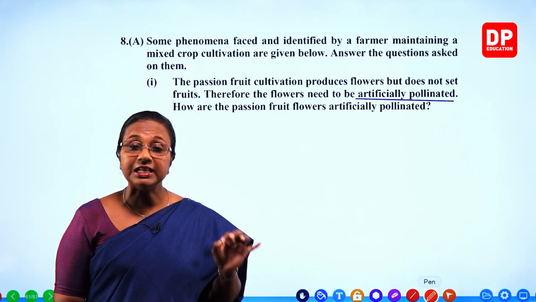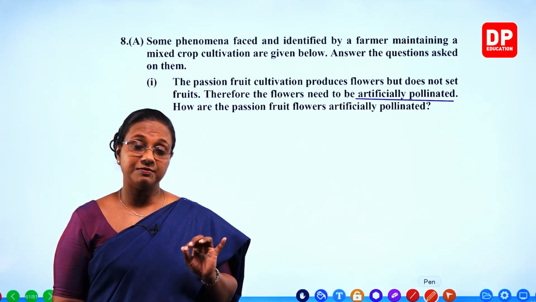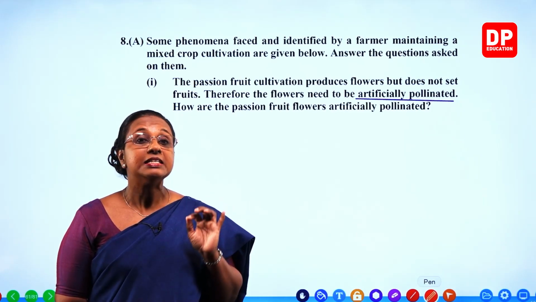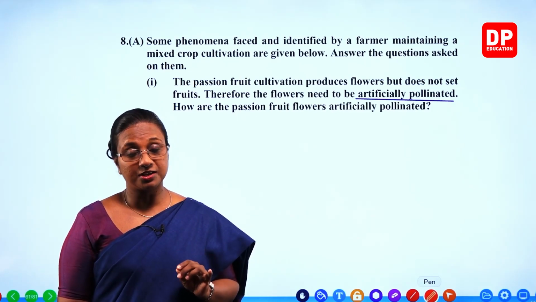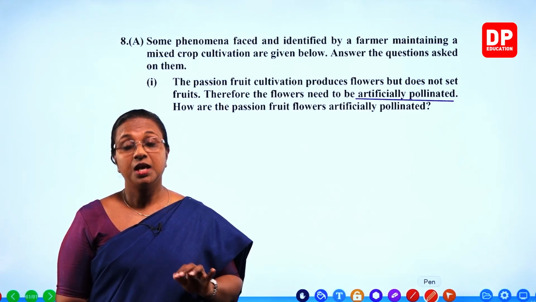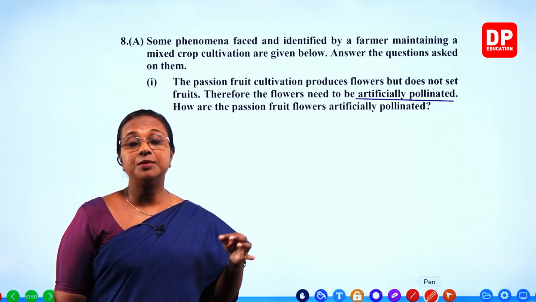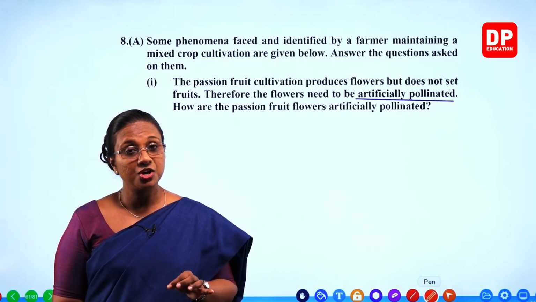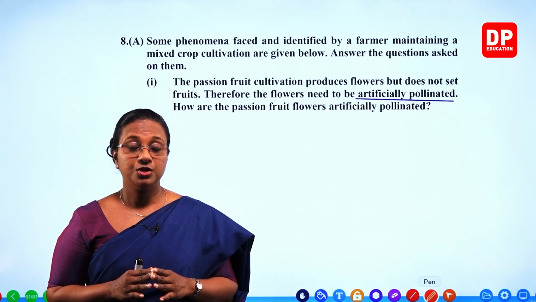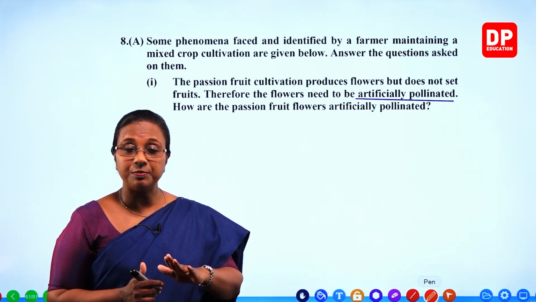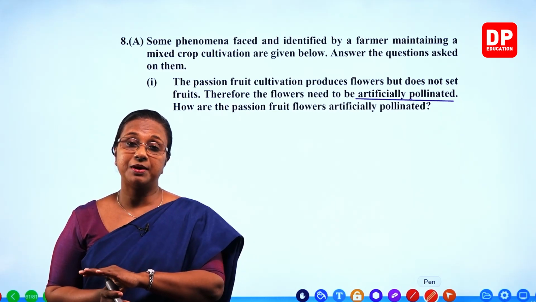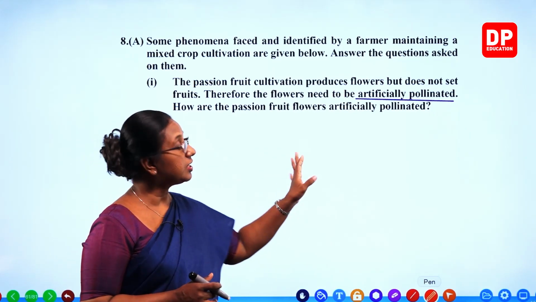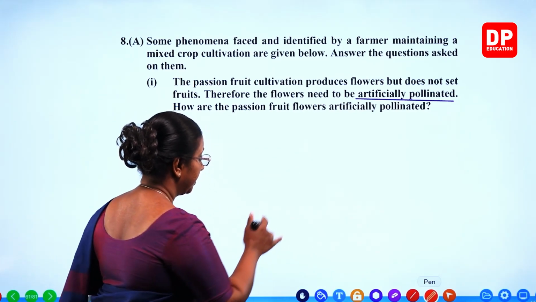You collect the pollens from the male reproductive structure, the androecium, and deposit them on the stigma of the female reproductive structure, the gynoecium. How do we collect and deposit the pollens? Either you can use your fingertips, or a brush, or tweezers. One of these methods can be employed to deposit the pollens from the male reproductive structure on the stigma of the female reproductive structure. That is what you need to write as the answer here.